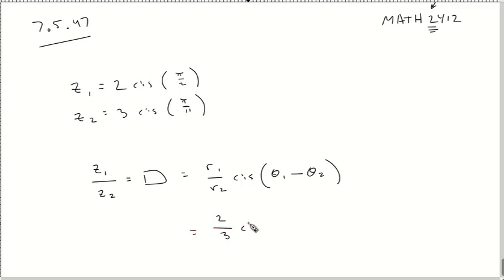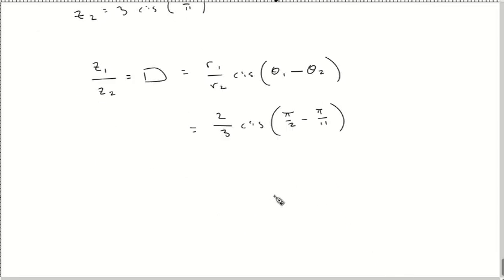So 2/3 CIS pi over 2 minus pi over 11. Okay, well, there you go. There's your answer. Of course, I'm going to put that into the calculator to simplify it down without the pi, obviously. And there's my answer there.